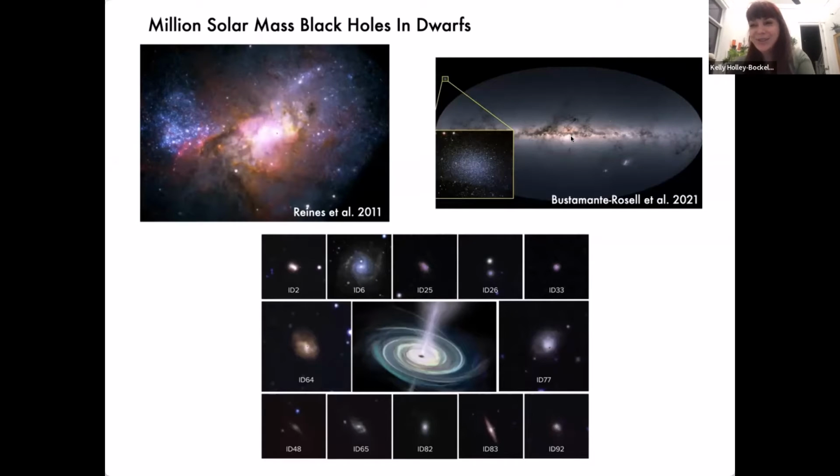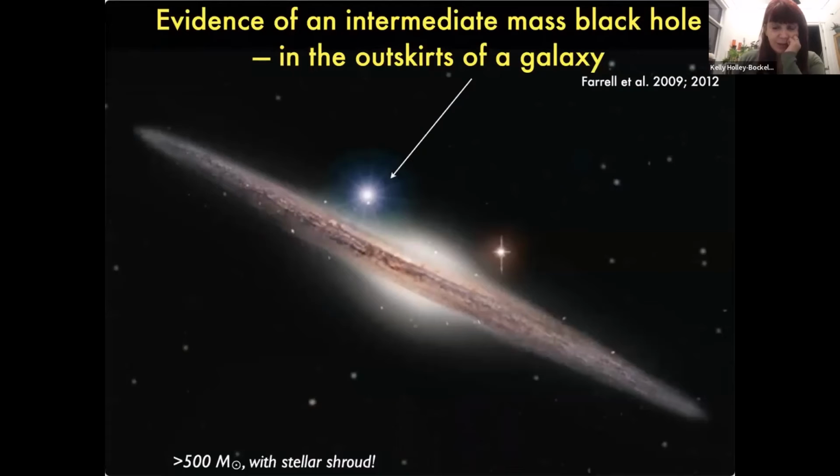So you can see the huge dynamic range of places in which LISA black holes live. Here are some other dwarf galaxy findings, again, 1 million solar mass black holes, and they tend to live off center of their host galaxy. So these were called wandering black holes in dwarf galaxies.